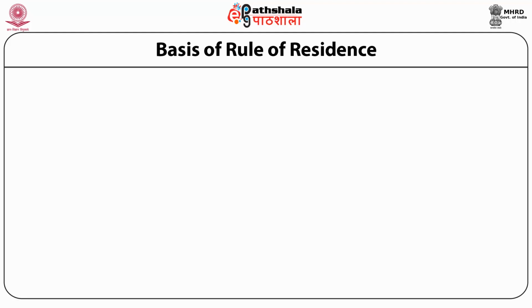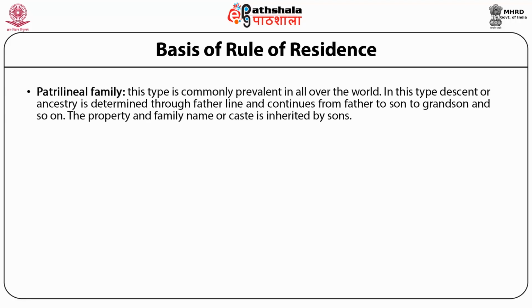On the basis of descent, family is classified into 3 types. Number 1, patrilineal family. Number 2, matrilineal family. Number 3, bilineal family. Patrilineal family is commonly prevalent all over the world.